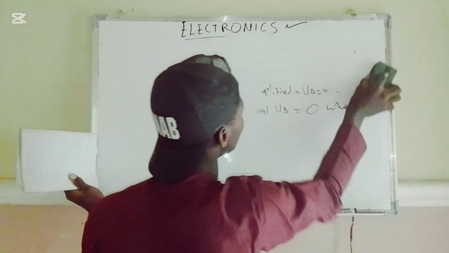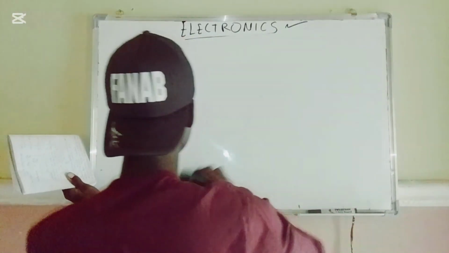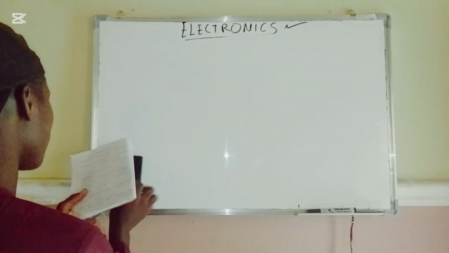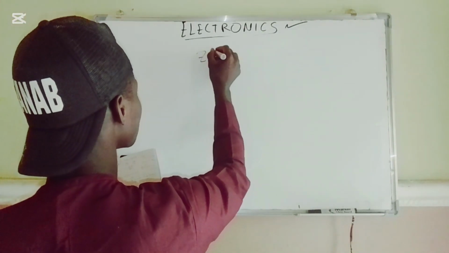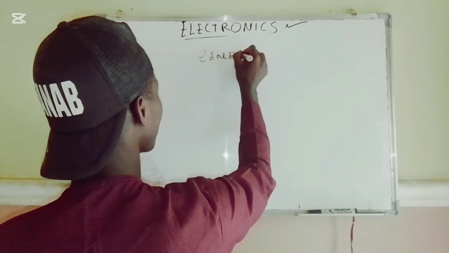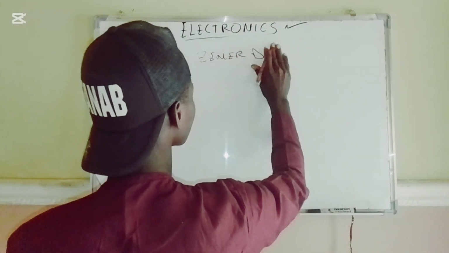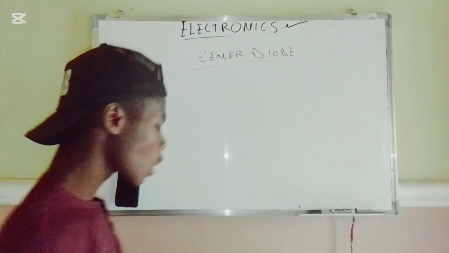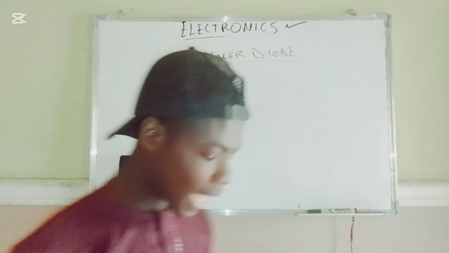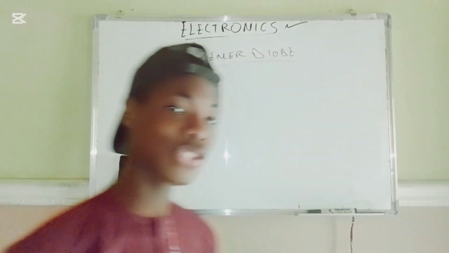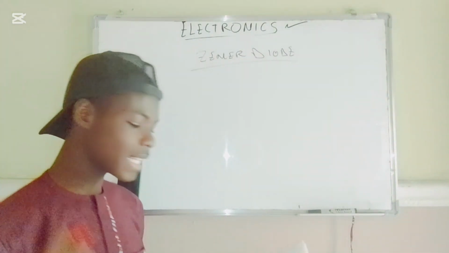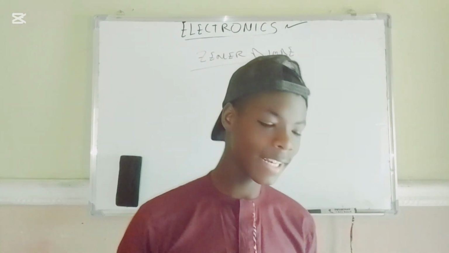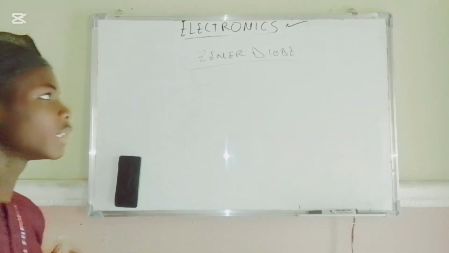There is something that I want to tell you as we talk about diodes. We are going to talk about the Zener diode. What is a Zener diode? A Zener diode is designed to operate in the reverse breakdown region.